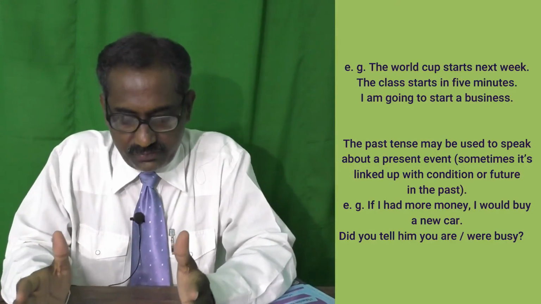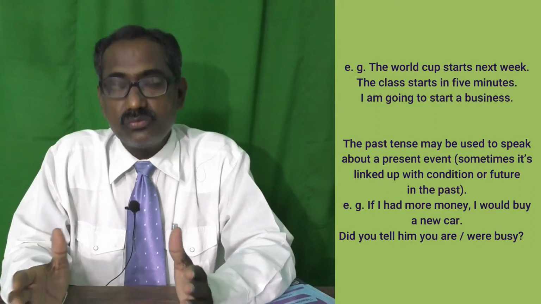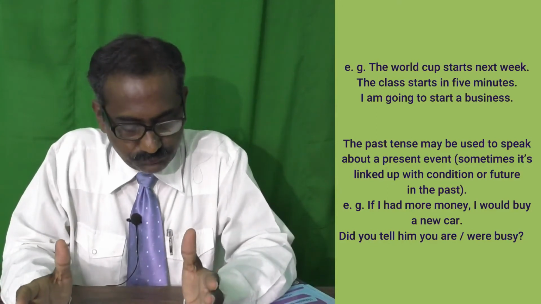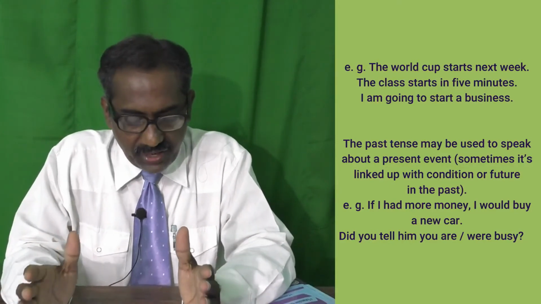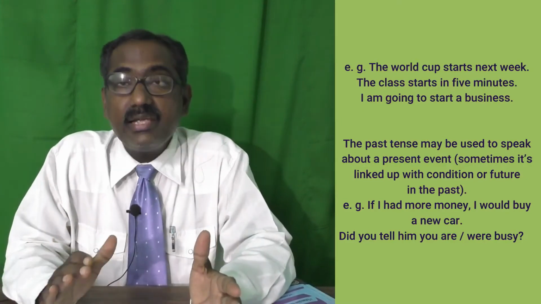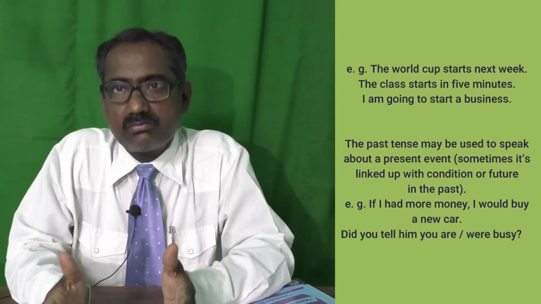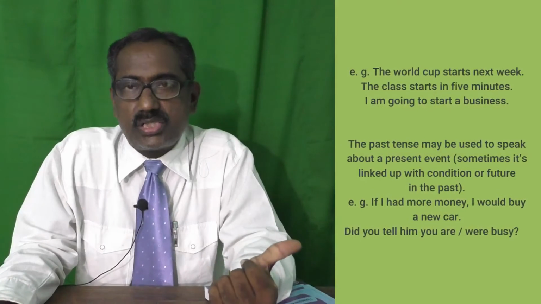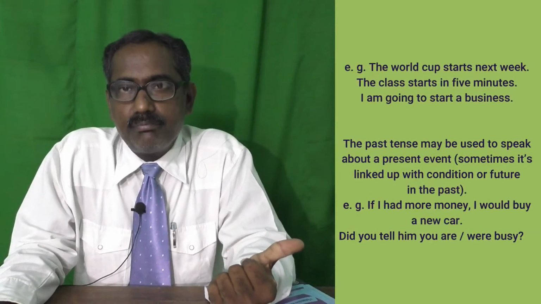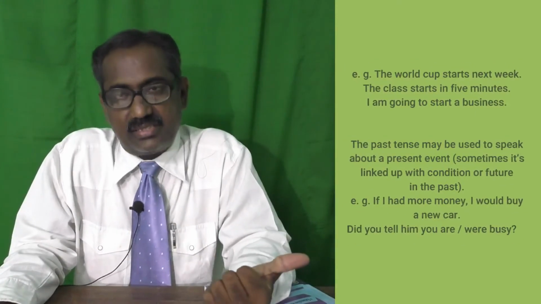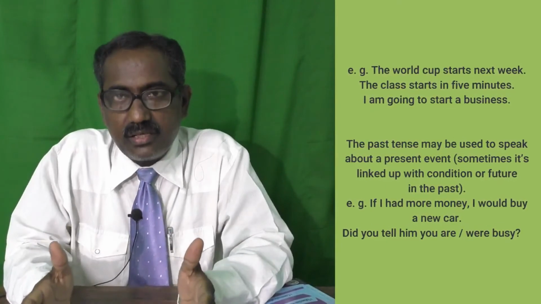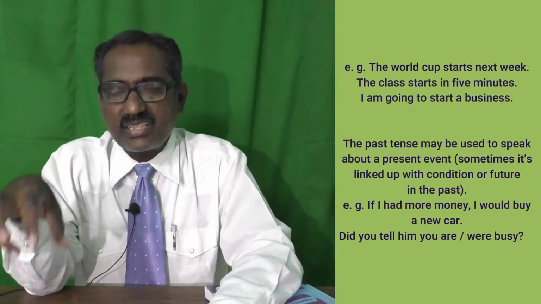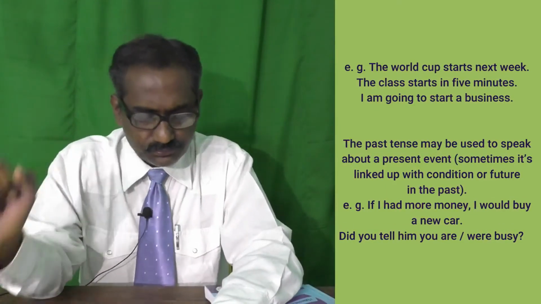Always it is linked with conditional words or conditional tenses. Example, if I had more money, I would buy a car, I would have a car. Though we used past tense here, we are showing a present state or situation.